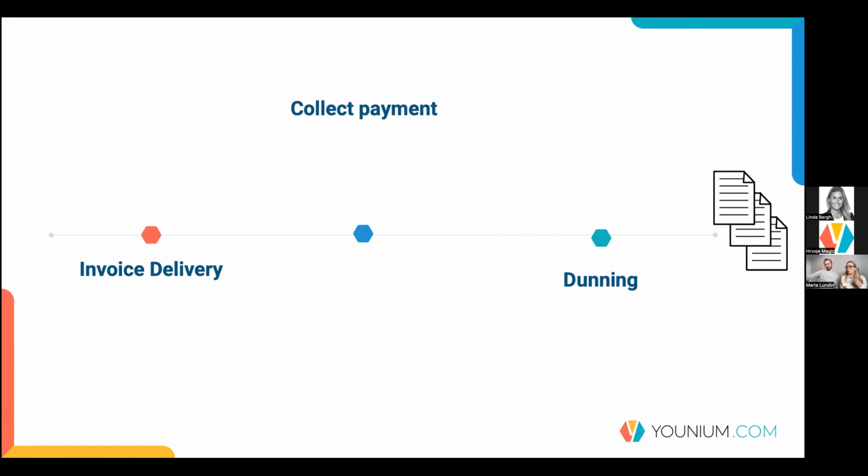But maybe what we want to talk about more today is what we learned over time, how this process is usually unnecessarily manually handled. What we can see today is you add all this detailed customer information into Younium, right? Some of you have automatic setups that feed your customer data directly from your sales or CS team.